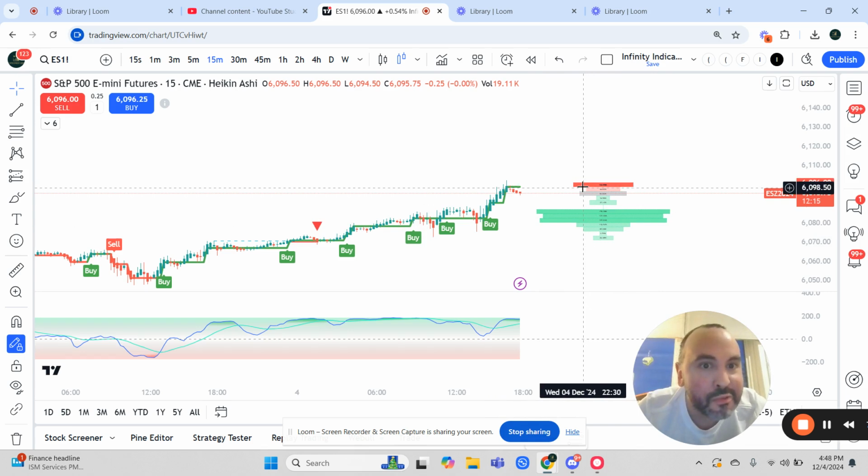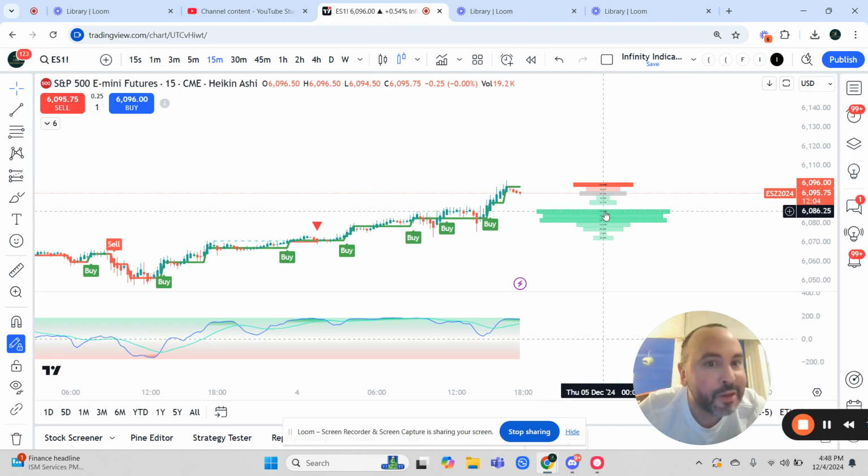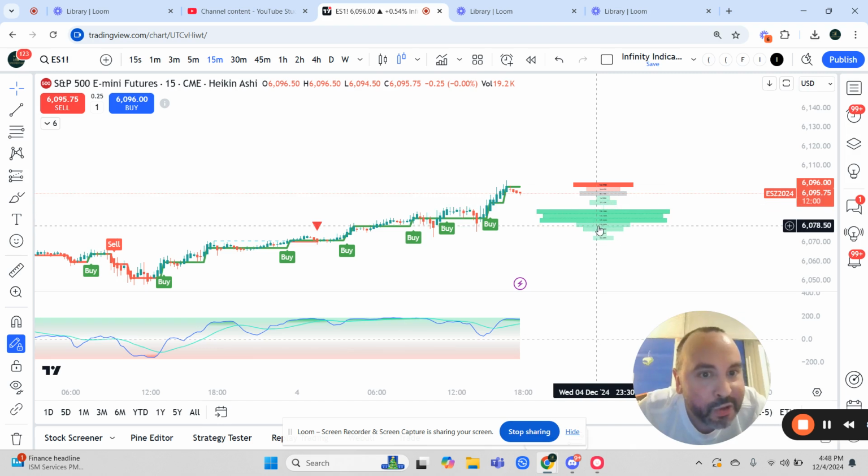Over here, this would be an area of resistance because it's thicker here. These thinner areas right here, these are less important levels. It doesn't necessarily mean that there's no resistance here or no support here. It just means it's less important.